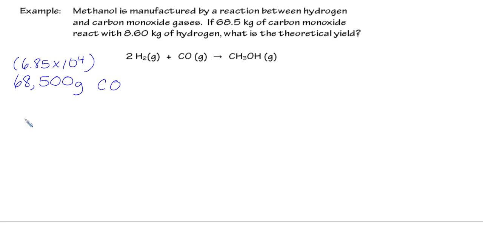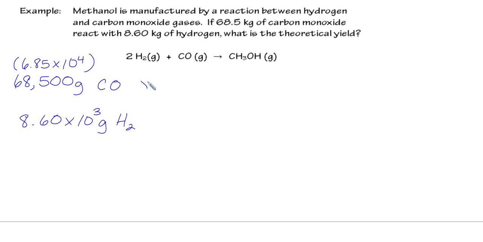So I think I'm going to leave this one as 8.60 times 10 to the third grams of hydrogen, H2. Now, if you would have written this as 8,600, but then when you calculated moles, you left 3 sig figs, that would be totally fine too. I would be all right with that.